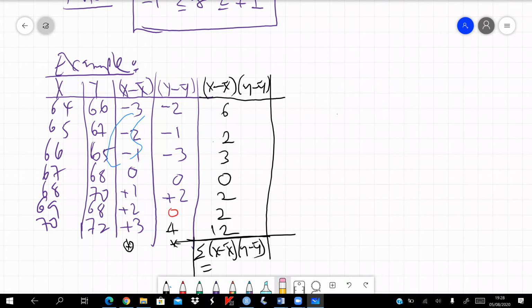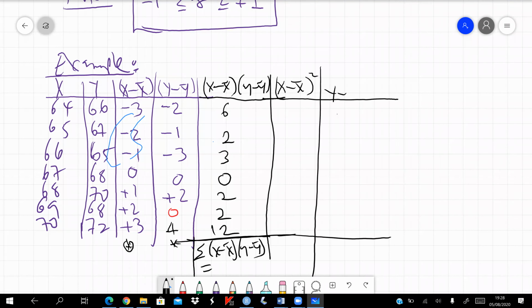Then the denominators will be coming from the squares. So x minus x bar squared, y minus y bar squared. So these values will be 9. The second last value, 2 times 0 is 0, not 2. Oh, sorry, yeah. Thank you. This is 0. Thanks for that correction.